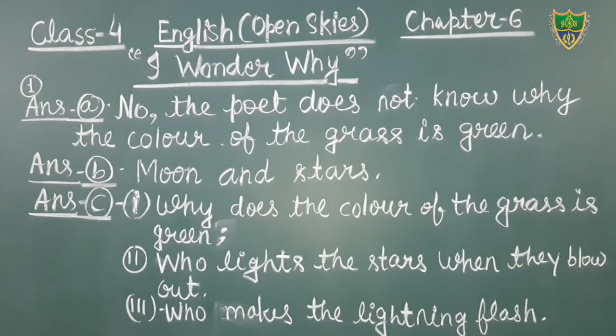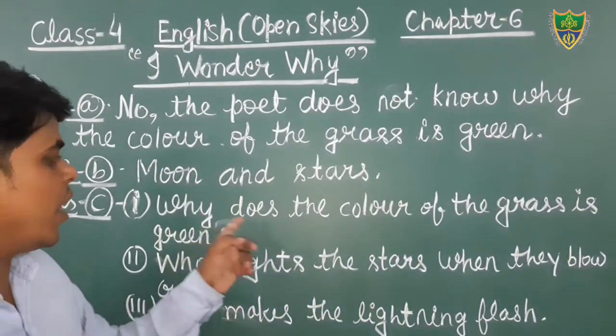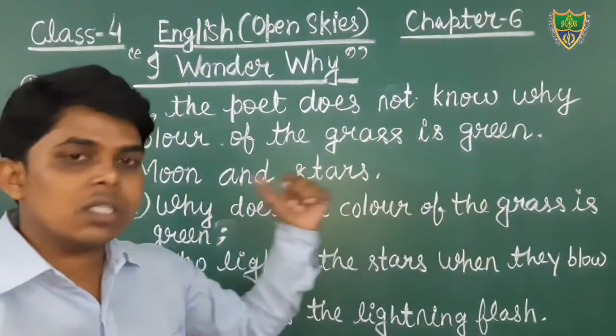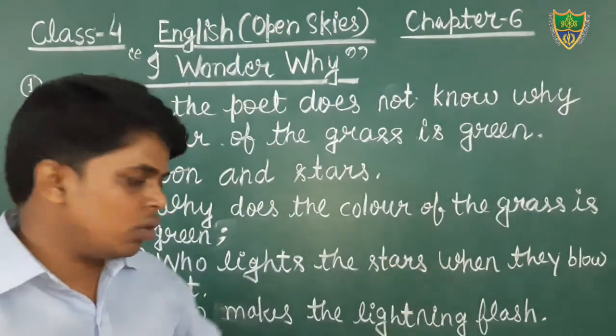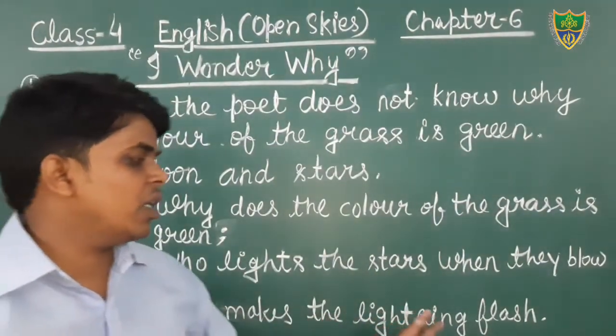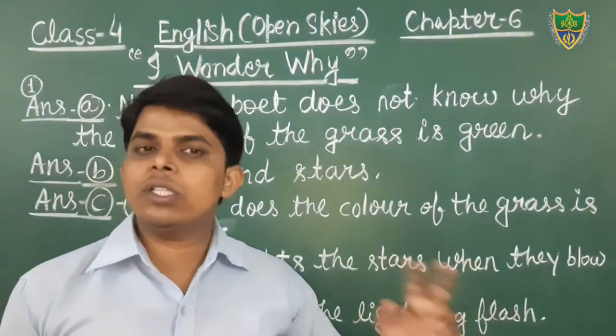Just say, students, the poet wanted to know the answer to your question: write three things the poet wants to know. The poet wanted to know why the color of the grass is green, who lights the stars when they blow out, and who makes the lightning flash. You have to mention only three things.